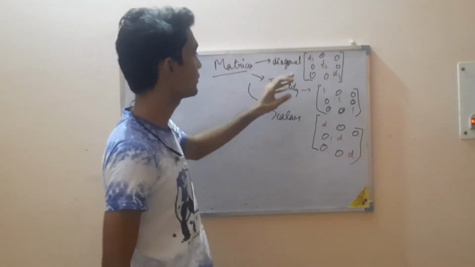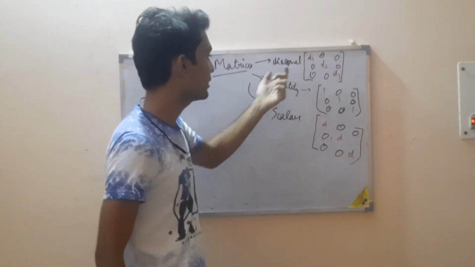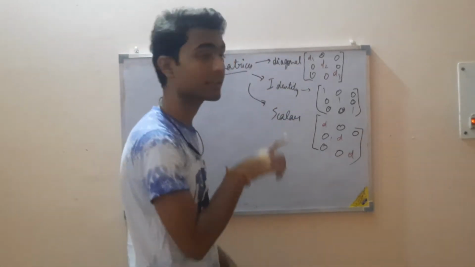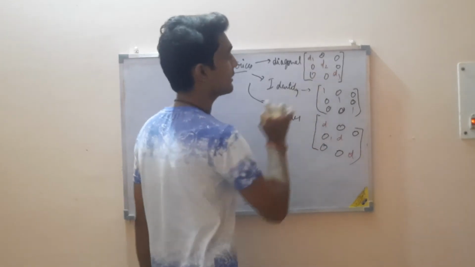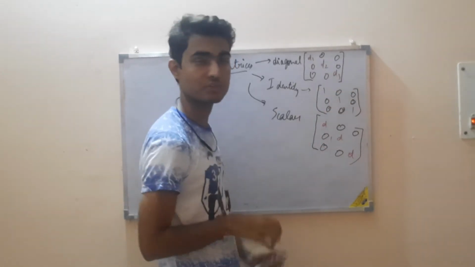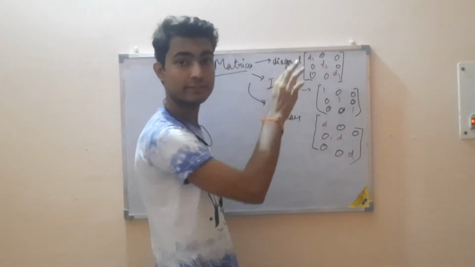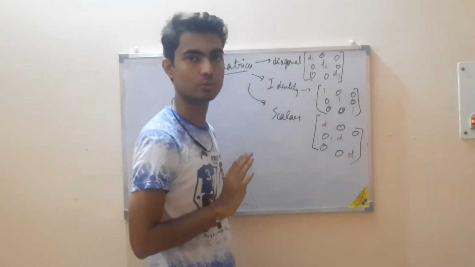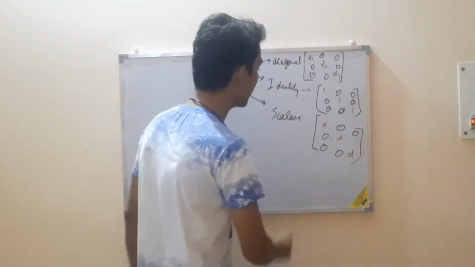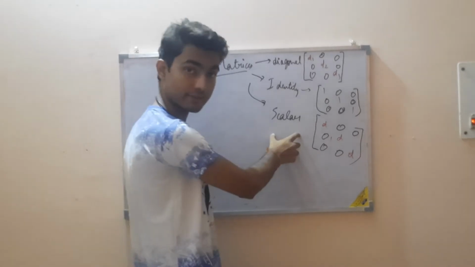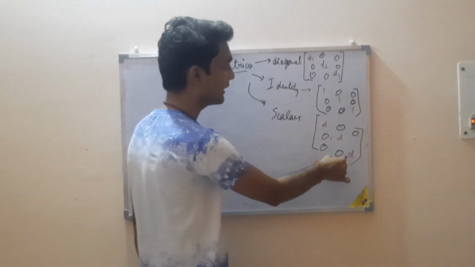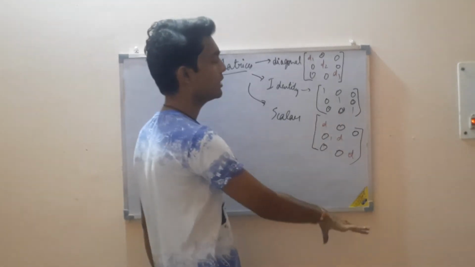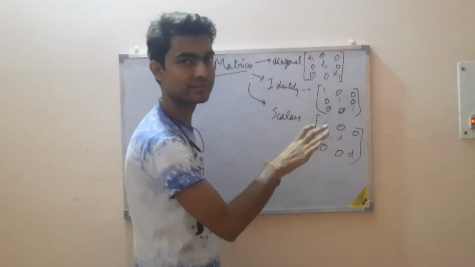Now we can see a diagonal matrix is a matrix in which entries other than diagonal elements are 0. An identity matrix is a matrix in which all diagonal elements are equal to 1 and other values are 0. And in case of a scalar matrix, every diagonal element is the same, and the rest are 0.